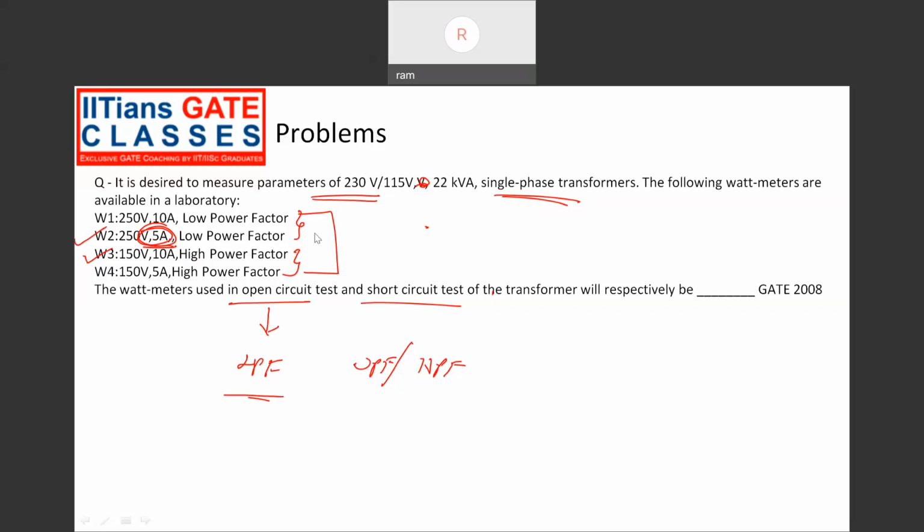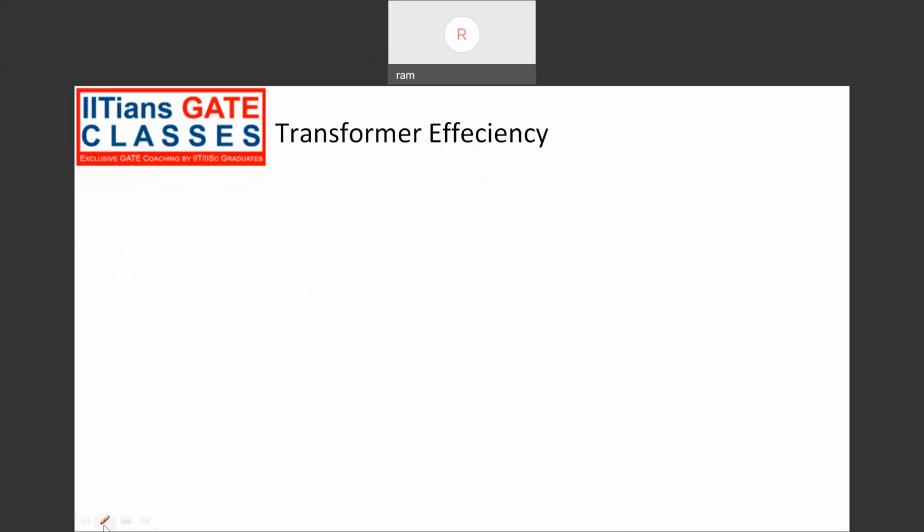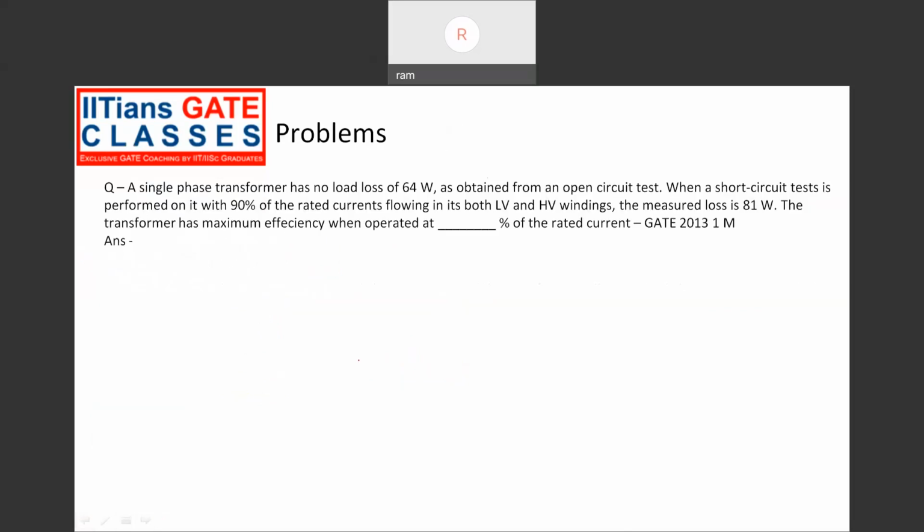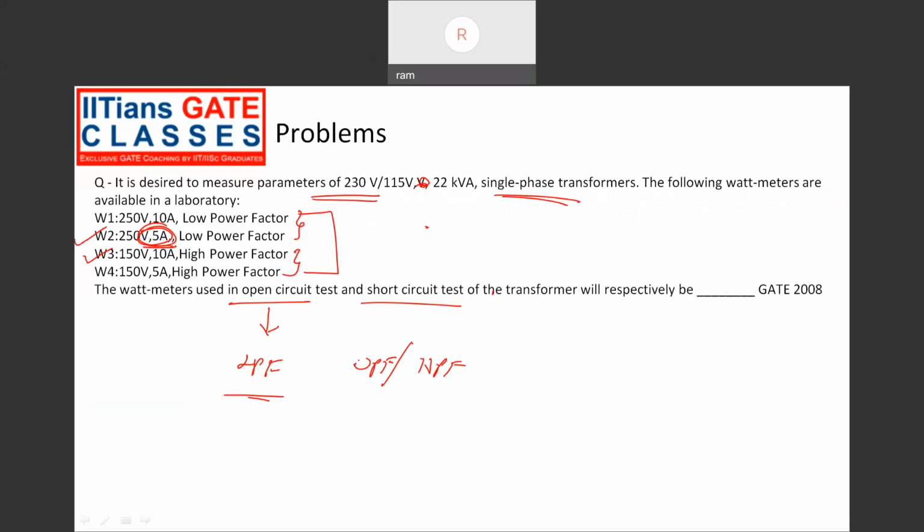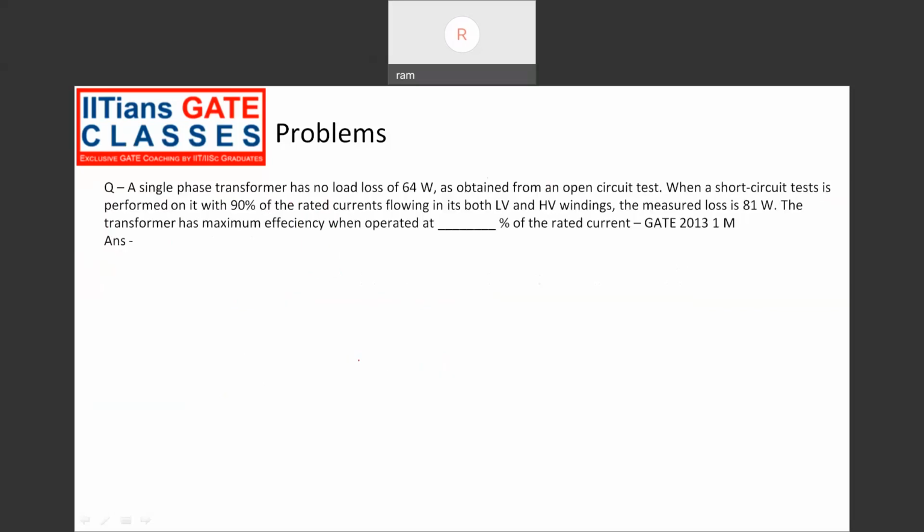Okay, let's go to the next question. Okay, this question is related to transformer efficiency.